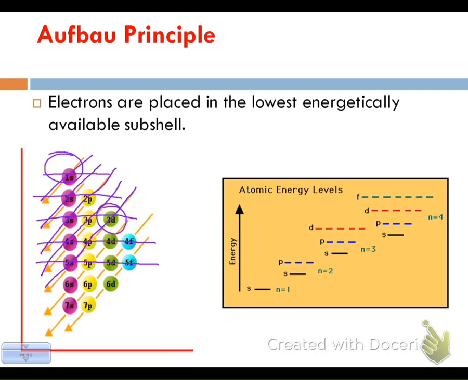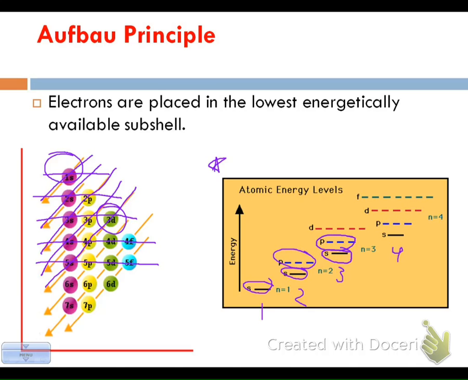The diagram on the right might do a better job of explaining what and why. Each one of these columns represents an energy shell, an energy level. It's a little off-centered as it's written. But as you go up the y-axis, each energy subshell has a higher value. So we can see that it goes pretty much in order. The 1s is pretty low, and then the 2s, and then the 2p, and then the 3s, and the 3p.